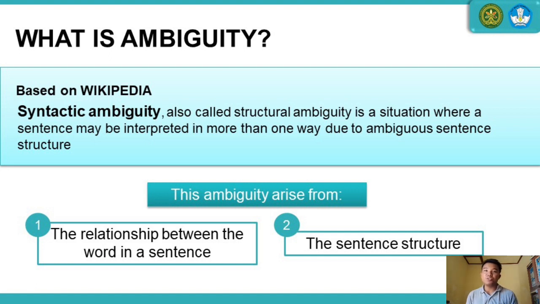The first is the relationship between the words in a sentence, which makes it possible to interpret the sentence in more than one way, unlike lexical ambiguity, where only one word makes it ambiguous. The second is the sentence structure. If we create a sentence that is not grammatically correct, it can also lead to ambiguous meaning and create more than one meaning, which can lead to misunderstanding.